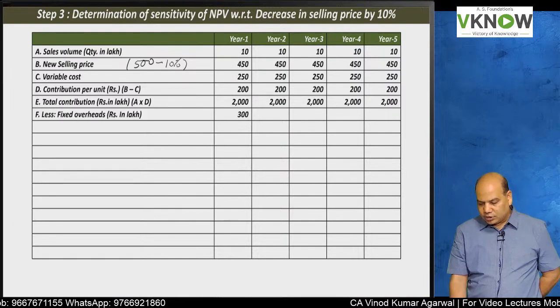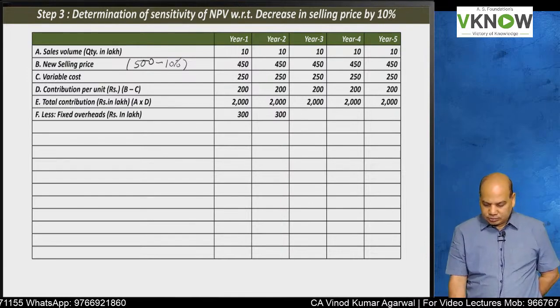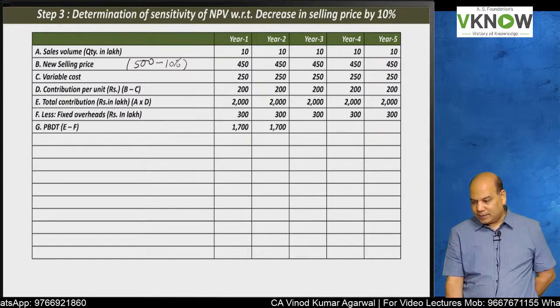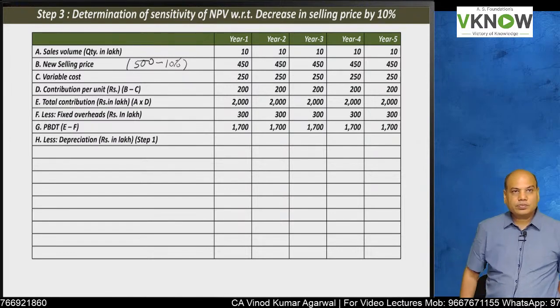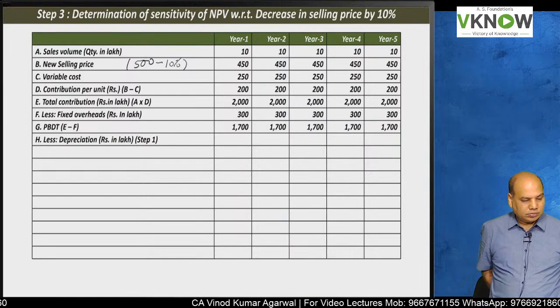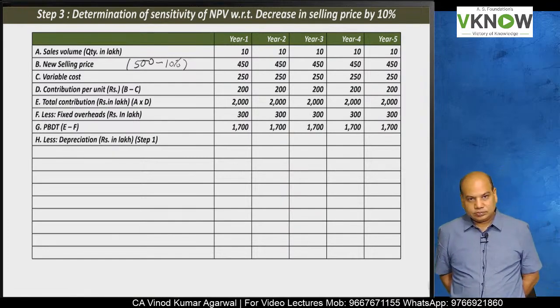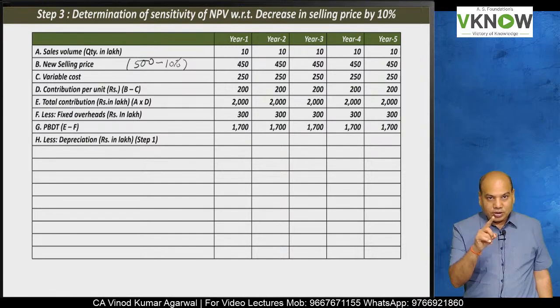Now write down less fixed overhead, 300. Fixed overhead 300. PBDT is the same, 1700 in all the years. Less depreciation, already computed in step 1.